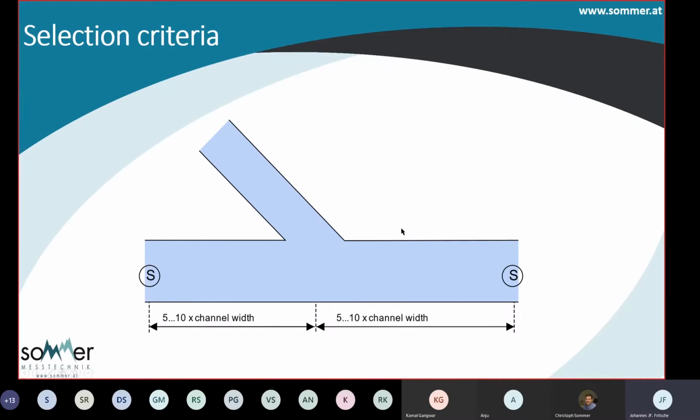Of course, it depends on what you want to measure. Do you want to measure the total flow, including the secondary flow, or do you want to measure the flow excluding the secondary flow? But in all cases, you should not place your instrument in this area here or close to this junction.